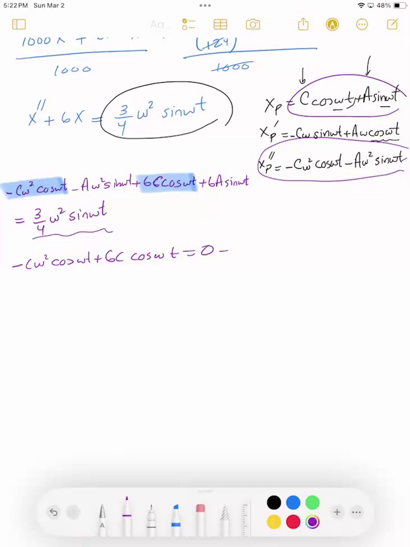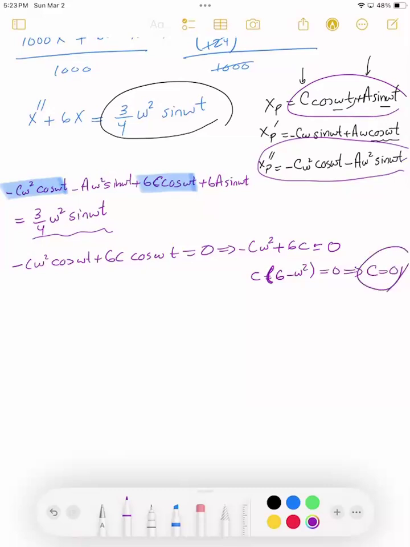I'm going to divide by cosine omega t. That's how we solve for the coefficient. We get rid of the cosine omegas, and then if I factor the c out, that implies c is equal to 0.